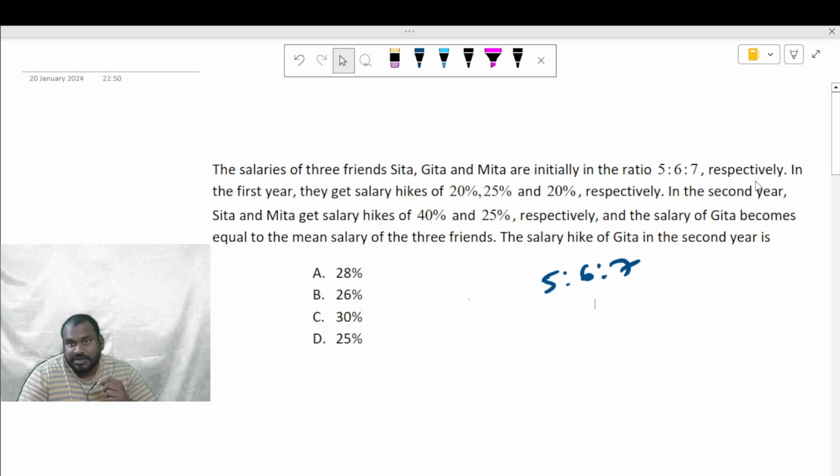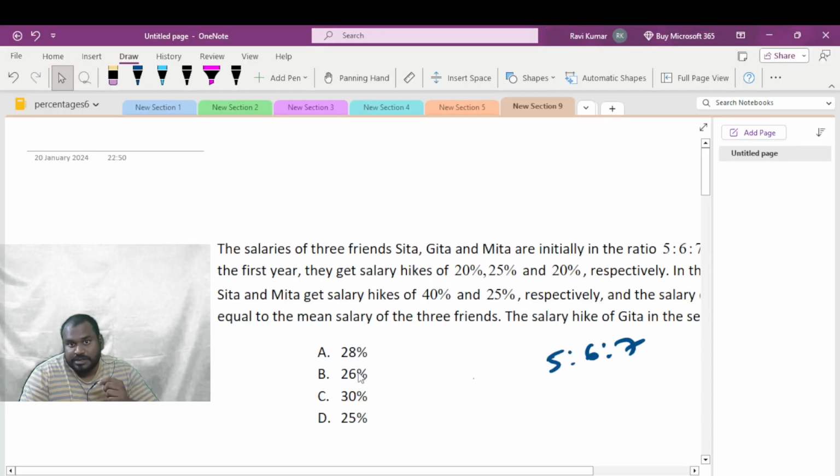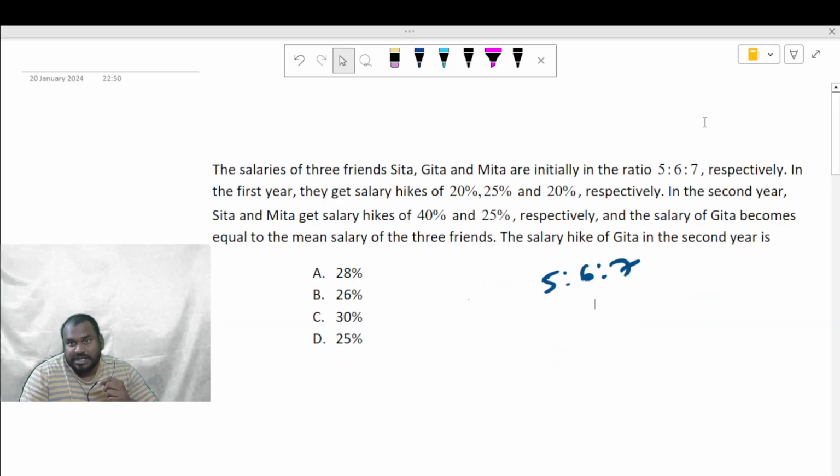In the first year, what happened? They get salary hikes. Hike means increase of 20%, 25%, and 20% respectively. Means Sita got 20%, Geeta got 25%, and Meeta got 20%.